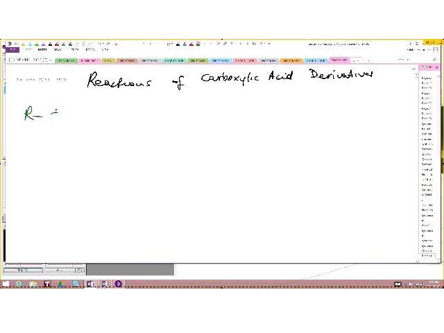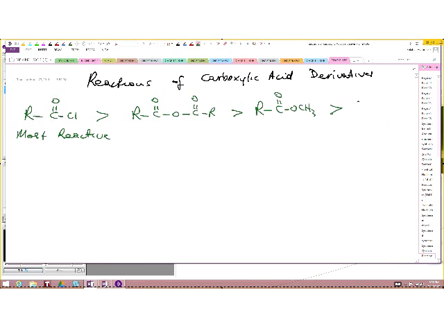We have the acid chloride. This is the most reactive. Then followed by the anhydride, and that is more reactive than the ester. And the ester is more reactive than the amide.